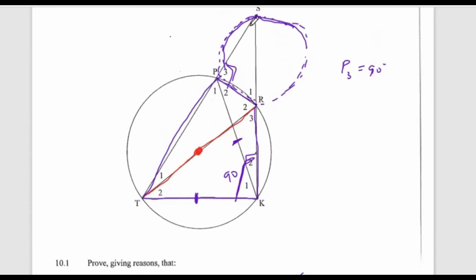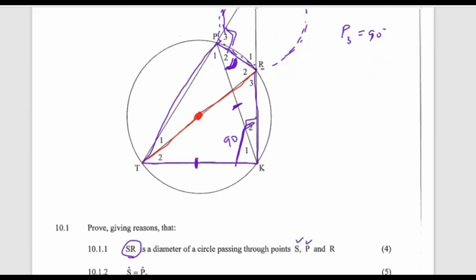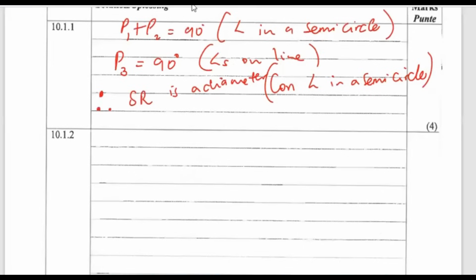Can we prove that S is the same as P2? S is the same as P2. What do we do? Okay.